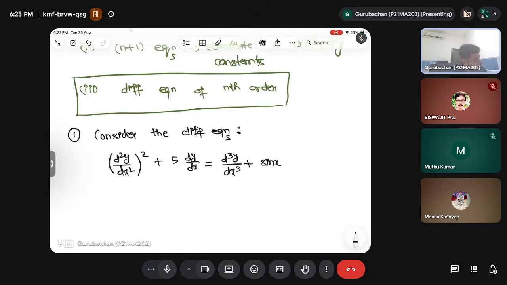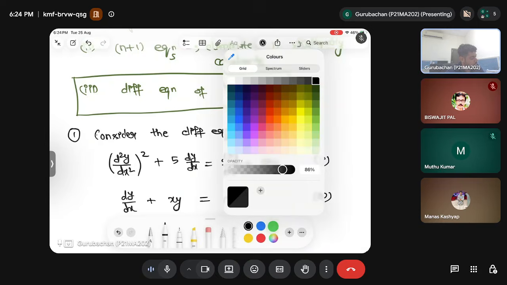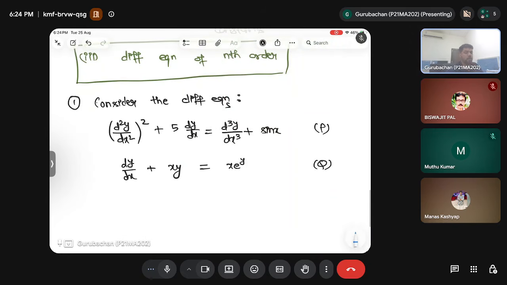I am calling this equation P. The other one is dy by dx plus xy is equal to x e to the power y. This is Q. Now tell me about order, degree, linearity, non-linearity, everything that is possible.